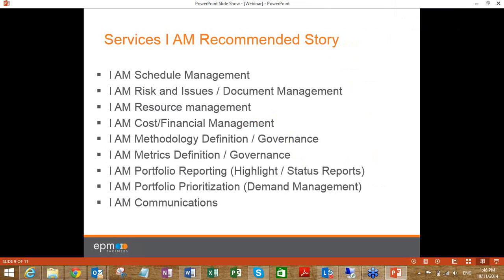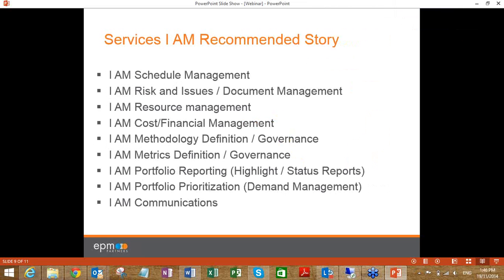Make sure that there is at least a schedule for each project, based on templates or not, has milestones or not, baselines or not. I don't know. This is particular for each PMO type, PMO level of service, and each organization. But make sure that the IAM schedule management is done first.